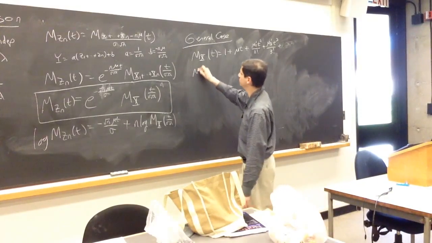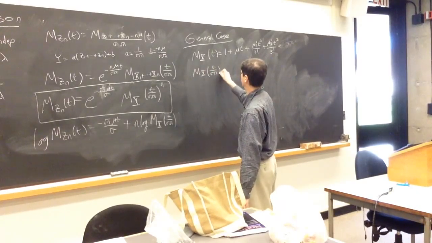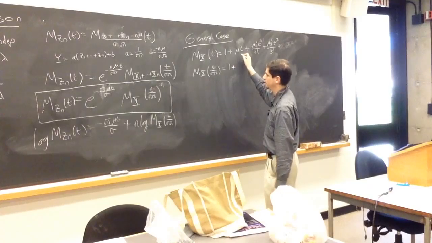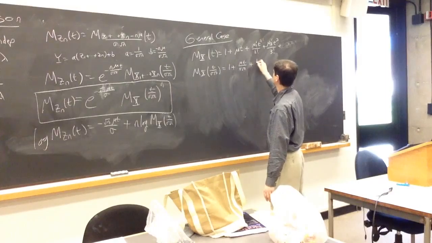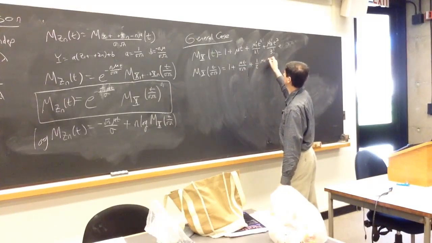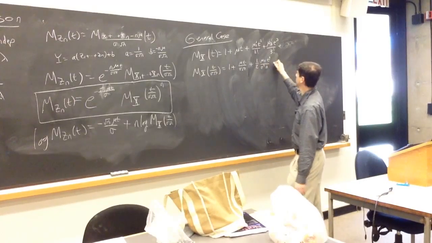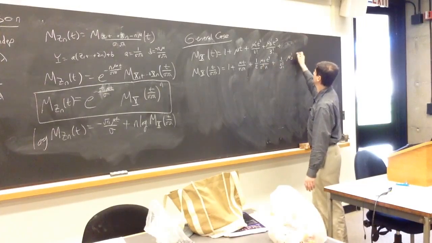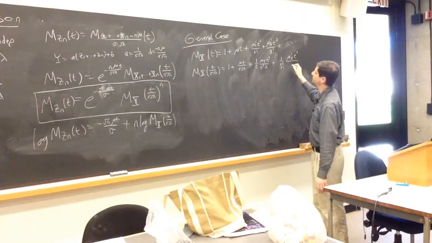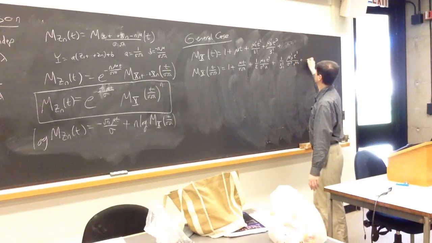Well, where do we want to evaluate the moment generating function? We want to evaluate it at t over sigma square root of n. So it's 1 plus mu t over sigma square root of n plus 1/2 mu2 prime t squared over sigma squared n plus 1 over 3 factorial mu3 prime t cubed over sigma cubed n to the 3/2 plus dot dot dot.